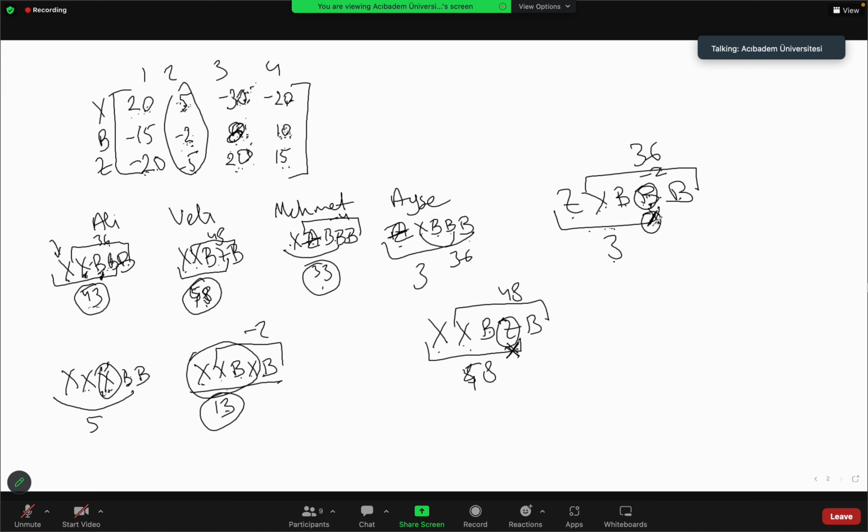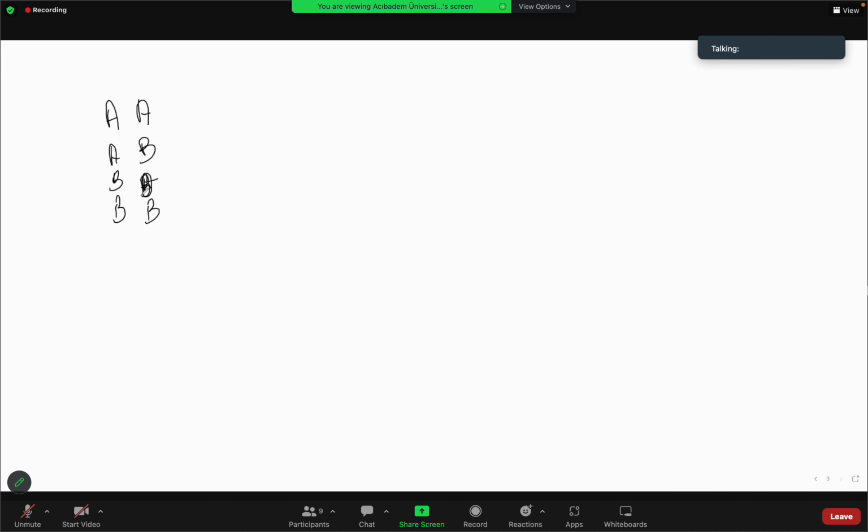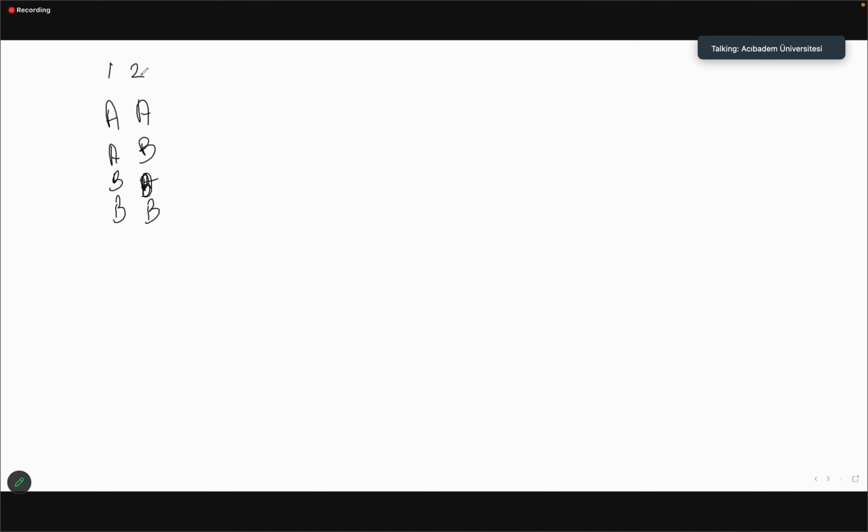And one more thing that I can ask you, the matrix. I can give you the matrix and the alignment. I can tell you that this is the first position of the alignment and this is the second position of the alignment.